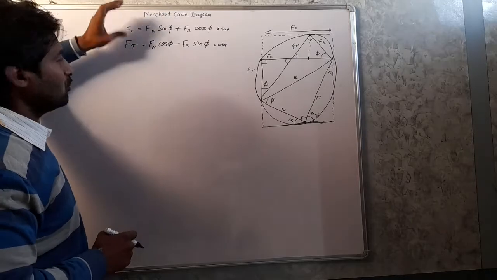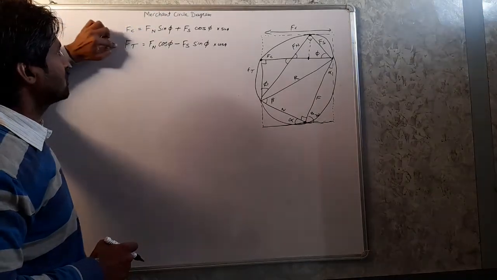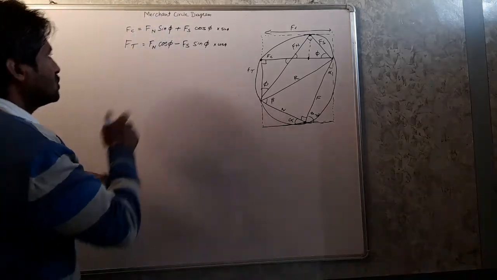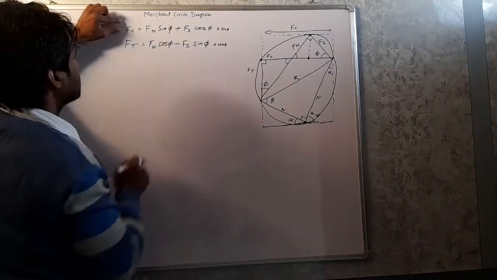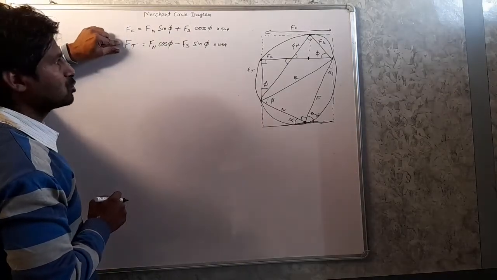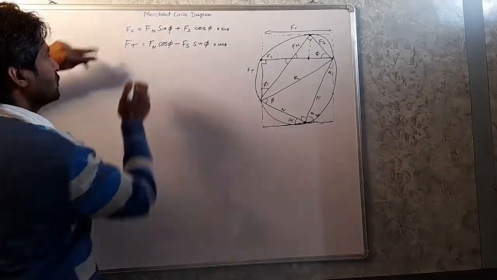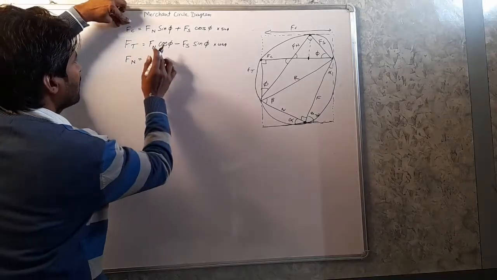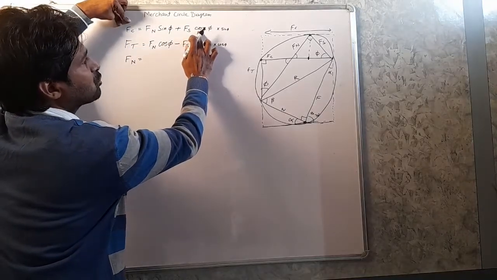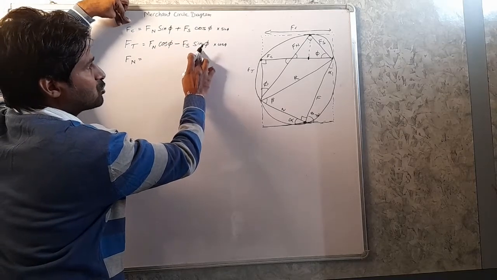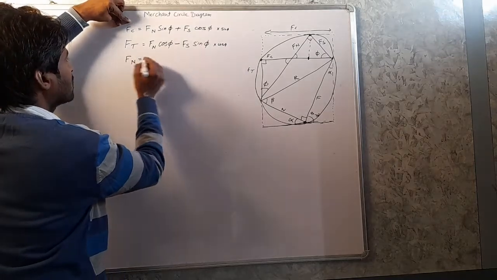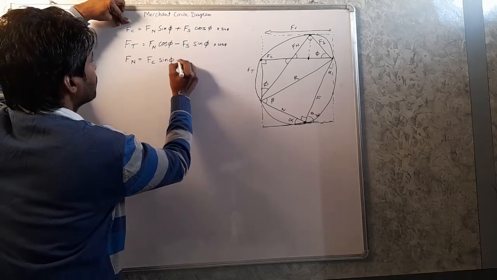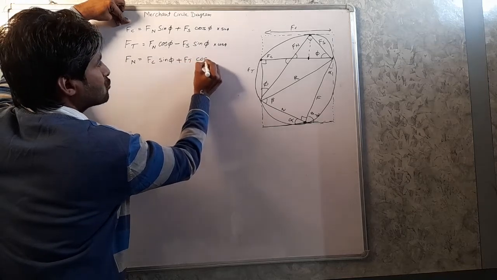If we add these equations, then Fn sin square phi plus Fn cos square phi will become Fn. So by multiplying this equation by sin phi and this by cos phi, and after adding them, this will give the value in term of Fn, and this is Fs sin phi cos phi. This will cancel each other. So the value will come in term of Fc sin phi plus Ft cos phi.